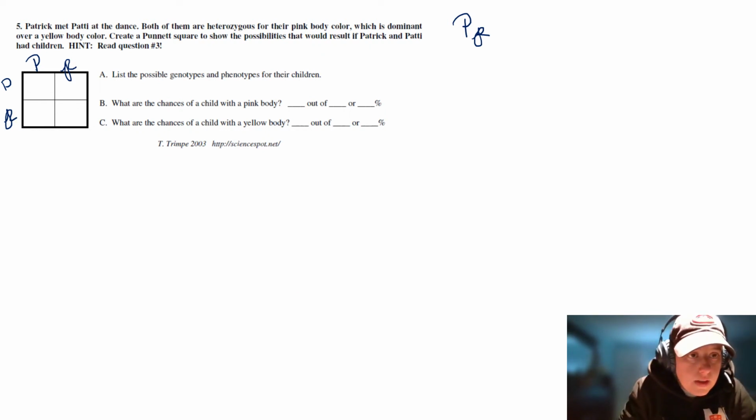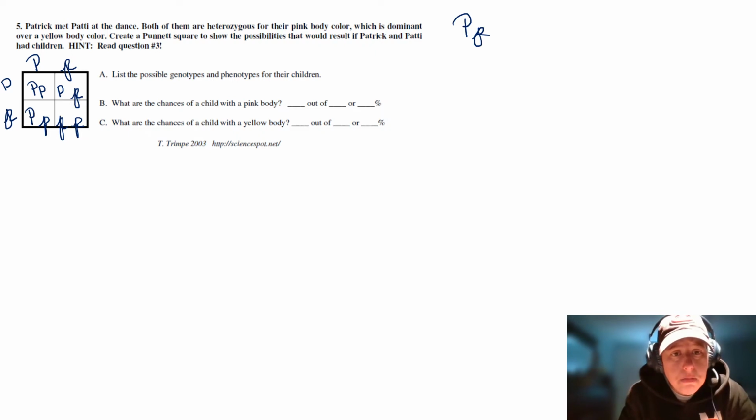So we would get capital P, little p, capital P, little p, little p. So a pink body.